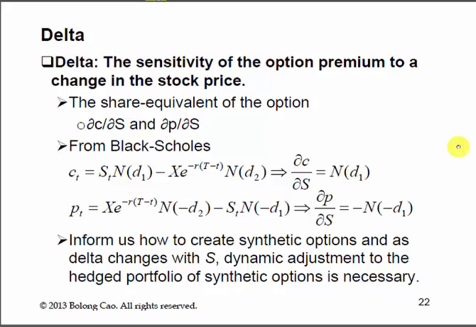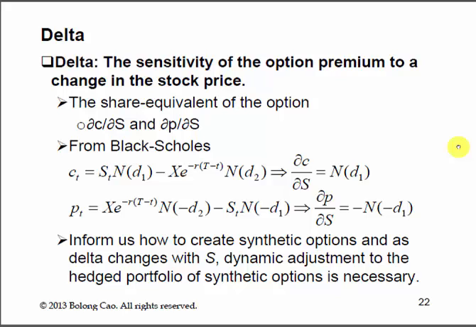Okay, first let's look at delta. It's basically the sensitivity of the option premium to a change in the stock price or the underlying price. In our textbook, we describe it as the share equivalent of the option. So one option equals how many shares, right?